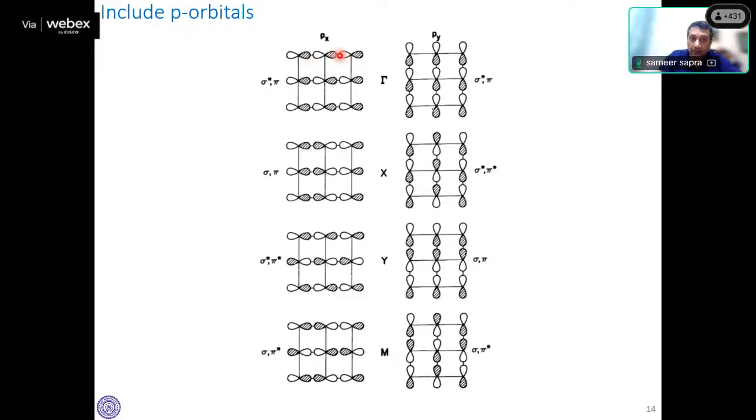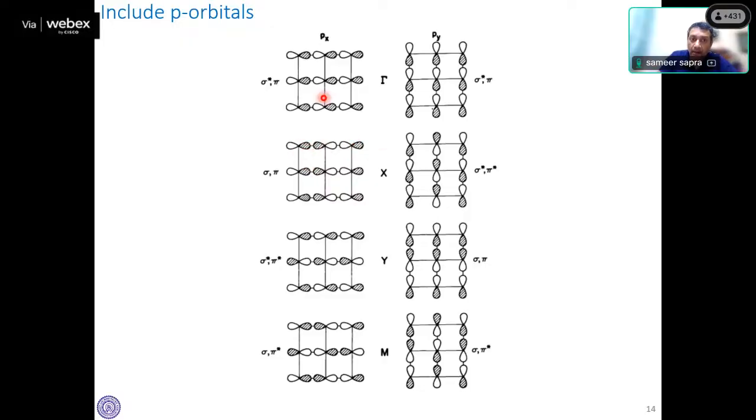Okay, so if I look at the gamma point, then px or py, they are very highly antibonding, right? Along this direction, but bonding along this direction. Look at this one, the x point, your px is bonding along this direction and bonding along this direction as well. And that's why it's also labeled as sigma pi. It's a pi orbital along the x direction and sigma orbital along this particular direction.